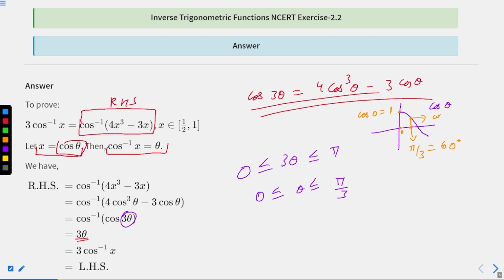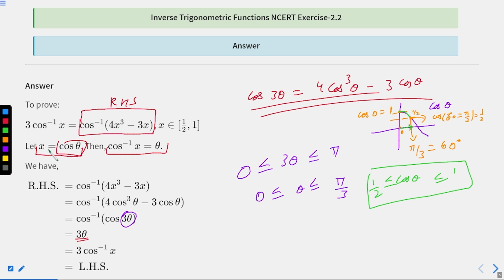And for cos 60, or pi by 3, the value is half. So you can see that if you are going from 0 to this value, your cos theta value is going from 1 to half. So cos theta belongs to the interval half to 1.